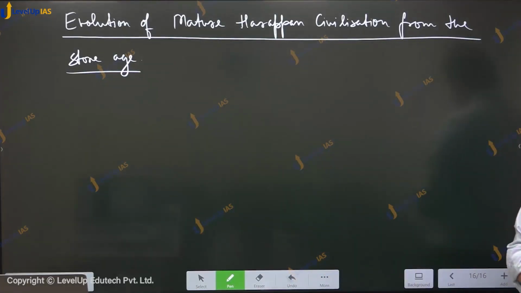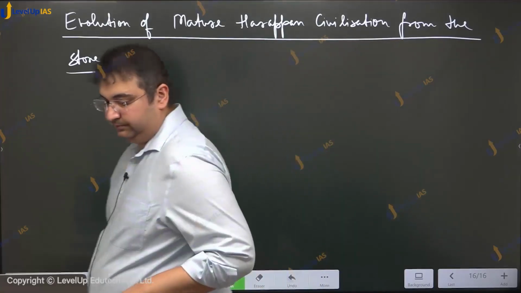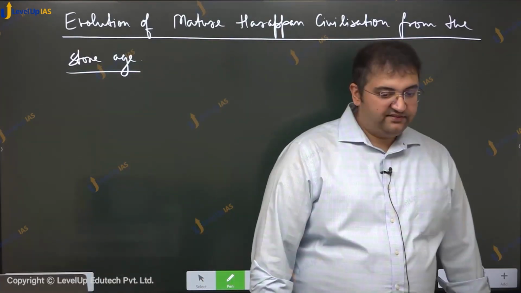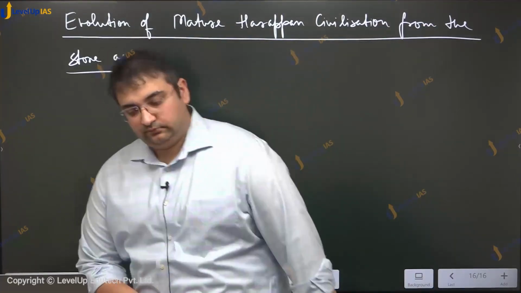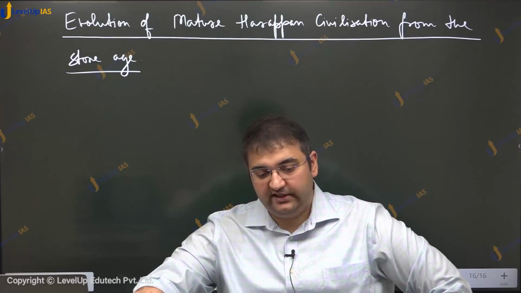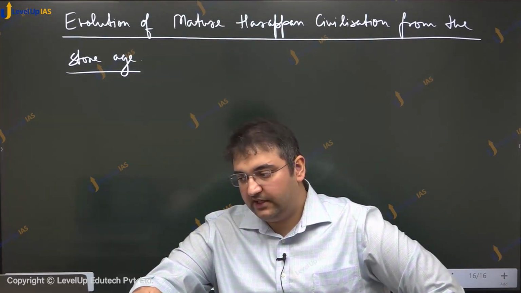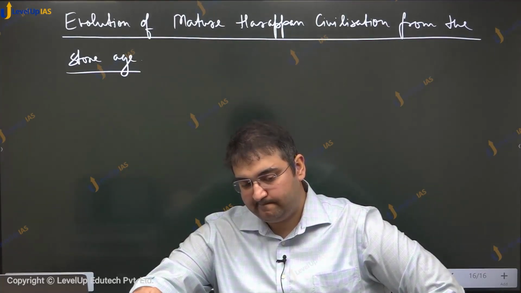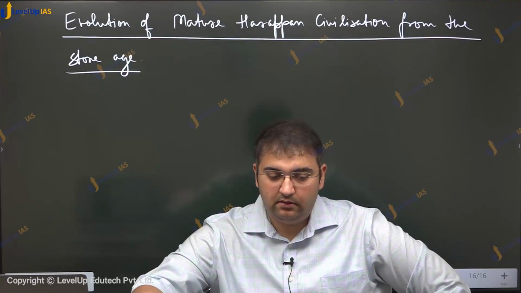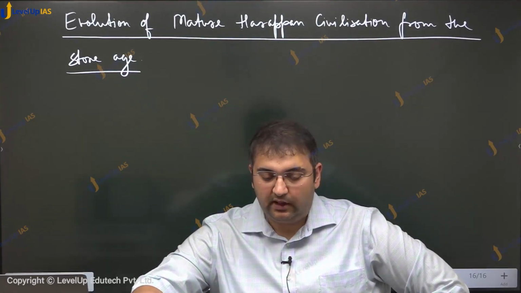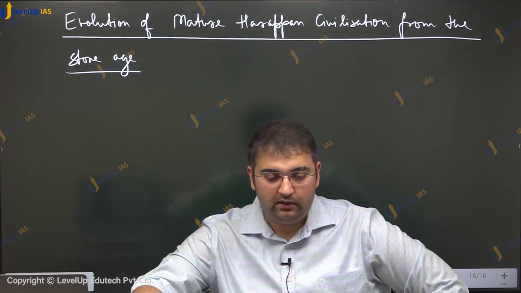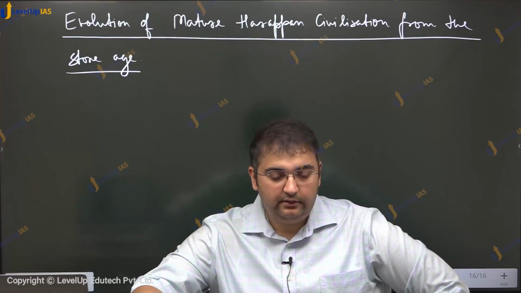According to the theory of gradual evolution, the Harappan civilization was the end result of a long process of cultural development that lasted thousands of years. Full stop. This process may be divided into the following stages.